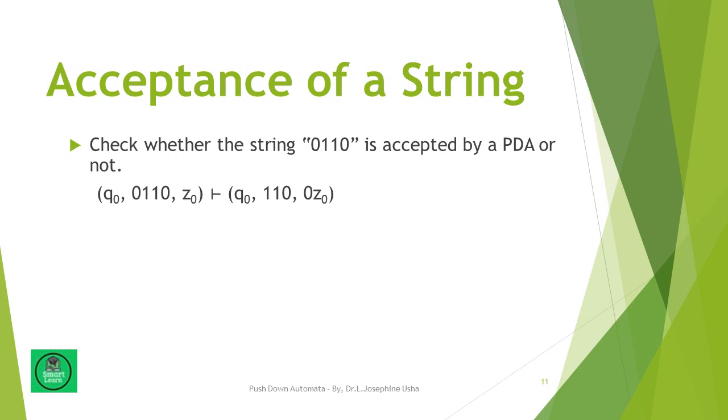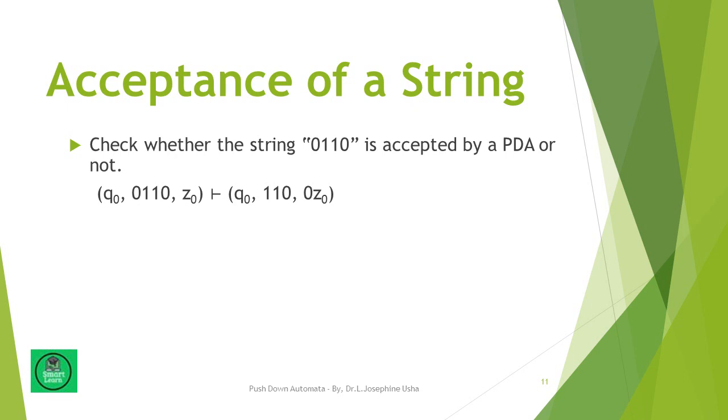Here you are using the instantaneous description notation. First you assume you are in the state Q0 and you read the first input symbol. You read the symbols in W, so you just push the symbol into the stack. After this transition the stack content will be 0 Z0.